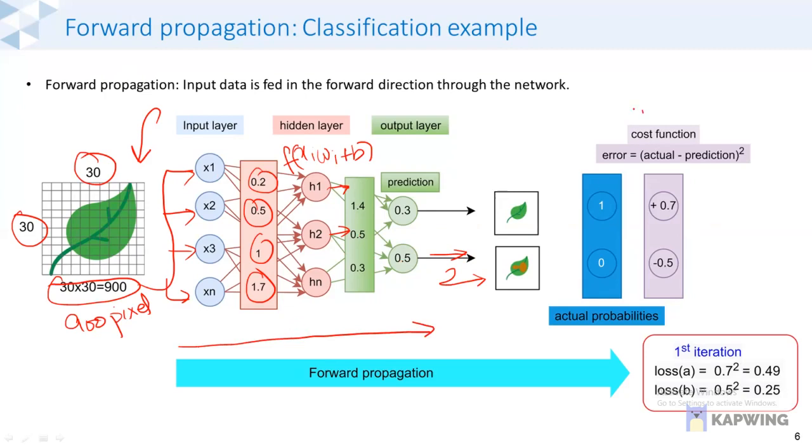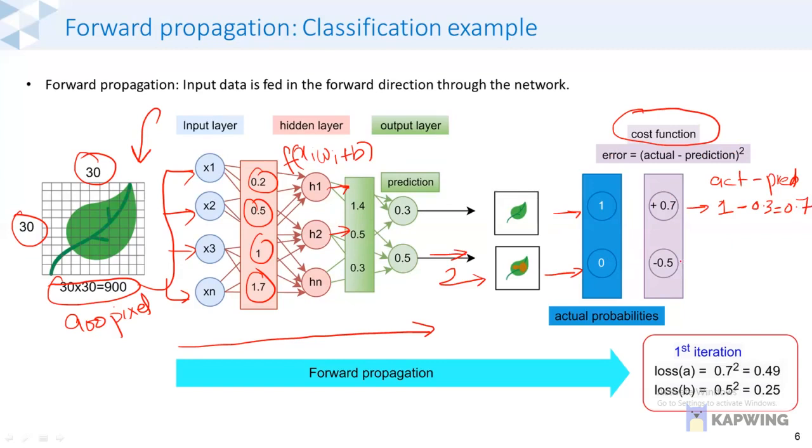Now let us define a cost function. The cost function is actual minus predicted value. We already have the actual probabilities of the diseased leaf and non-diseased leaf, so we find the error, or cost function. In this case, the error is actual value minus predicted value, and we have a 0.7 error.